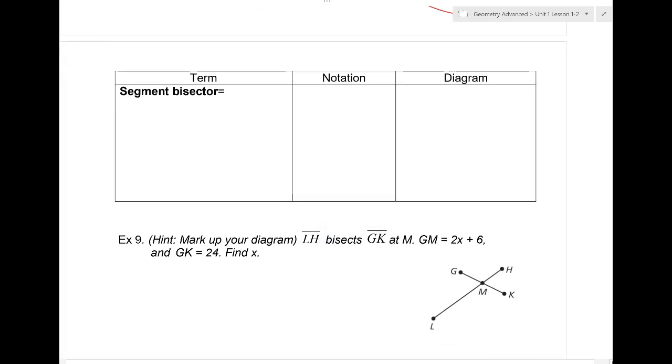All right, next one, segment bisector. What does a bisector do, guys? Divides it in two. Okay, we're in geometry. It's going to divide it perfectly in two, so it's going to give me two congruent things.